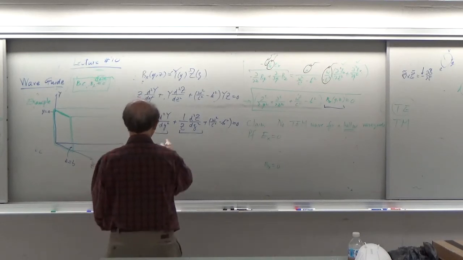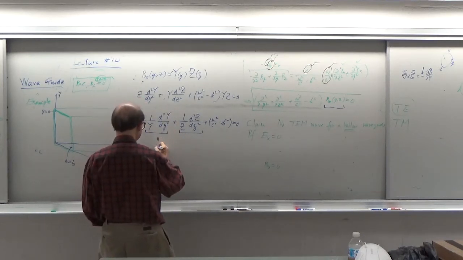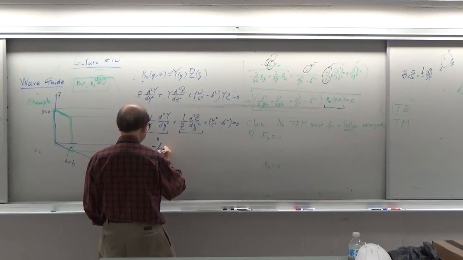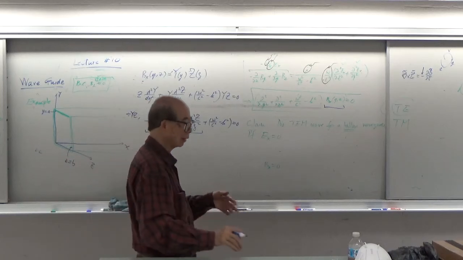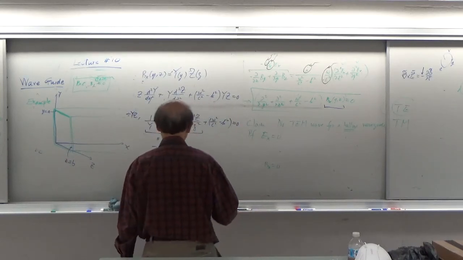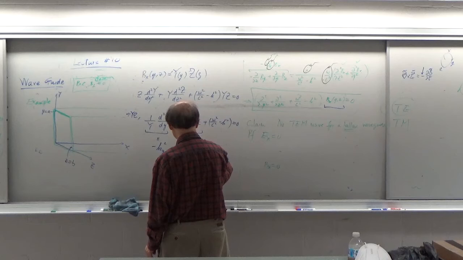So let me call this minus ky squared. And I use minus for good reason, as you see, so that I can satisfy the boundary condition. Similarly, I call this constant minus kz squared.